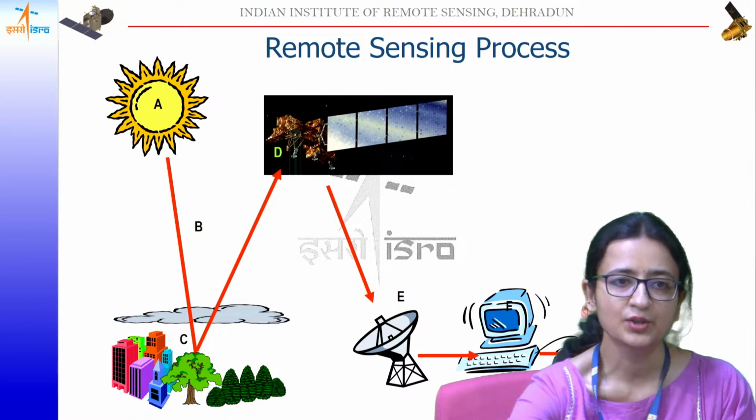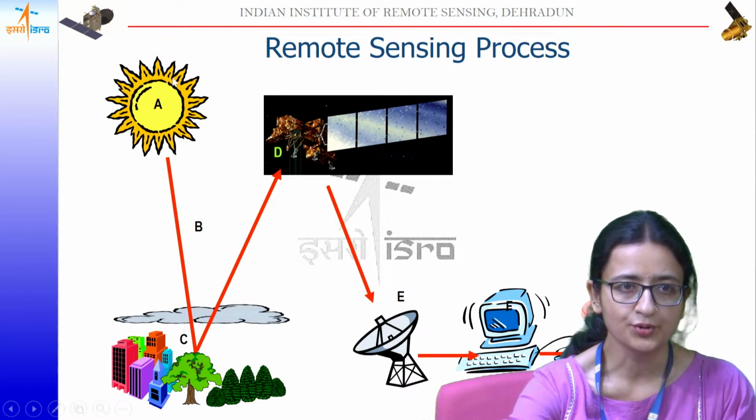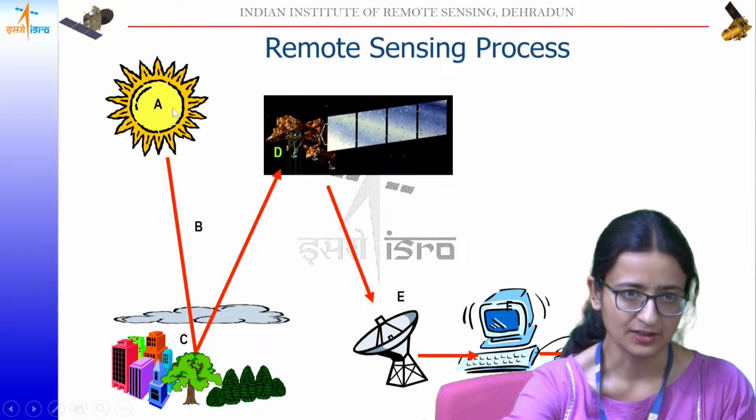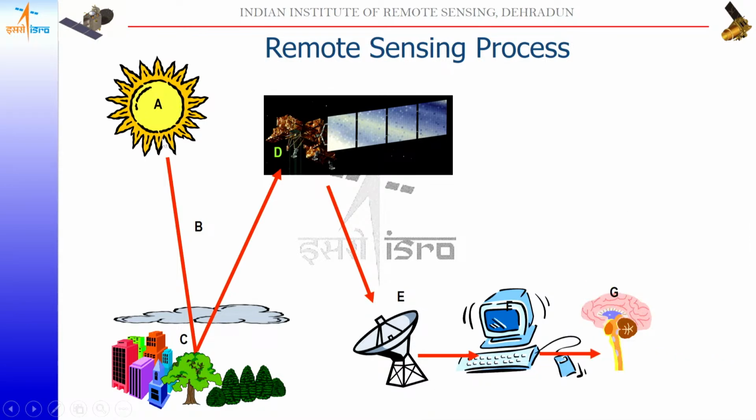So, the very first component is the source of electromagnetic radiation. It can be a natural source or it can be a source on the platform itself. So, it has to be a source of electromagnetic energy. Now, this source illuminates your target, the target whose properties you want to assess or analyze.